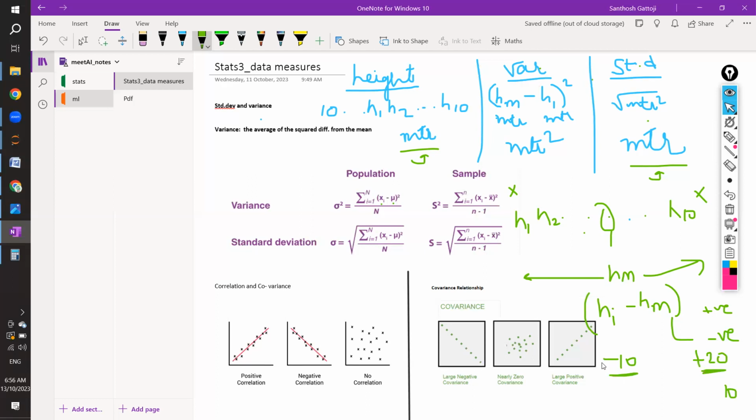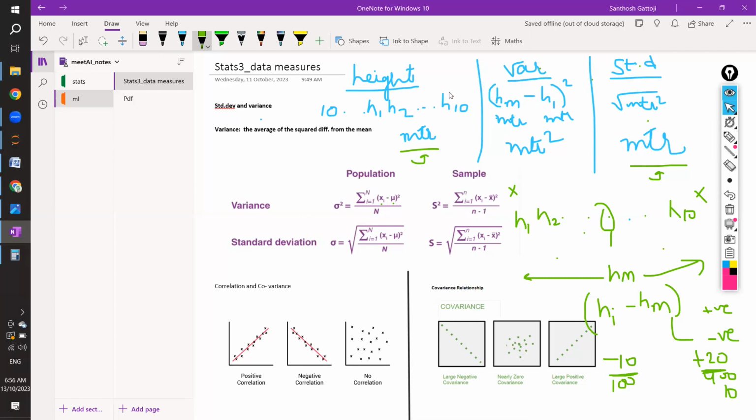So to eliminate this type of problem, the cancellation of positive values by negative values, we are first of all squaring it, so that every number will be considered and there will be no cancellation. This will become 100, this will become 400, right? You keep adding the values so that you have considered each and every distance.